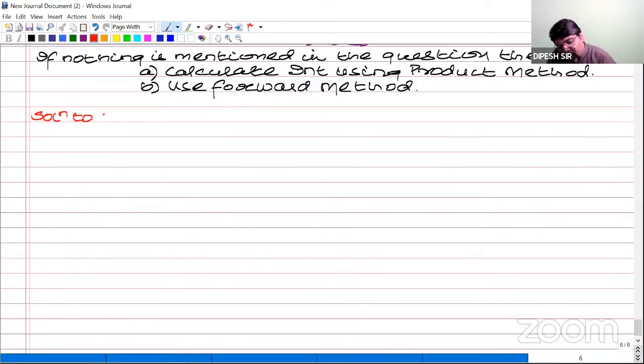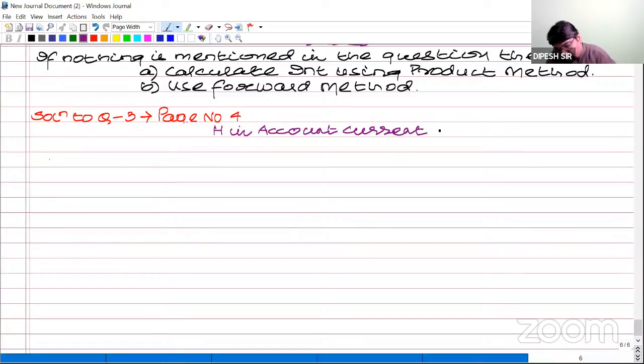Solution to question number 3, page number 4. The heading will be H in account with G. So we are supposed to think from whose point of view?